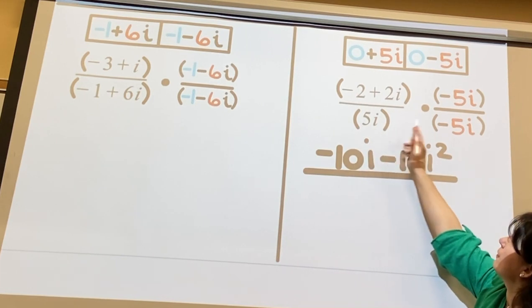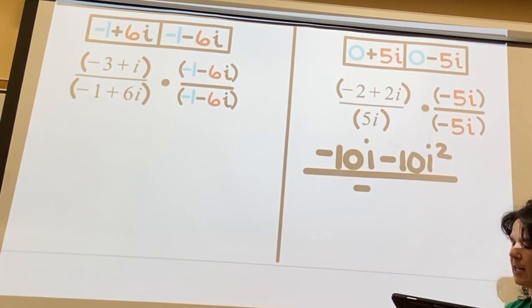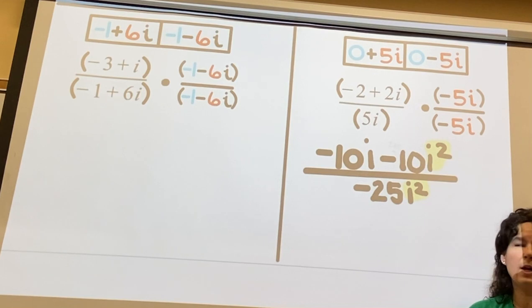In the denominator, 5i times negative 5i is negative 25i squared. Then I'm going to come back in, and for each of these i squareds, I'm going to make those negative 1.